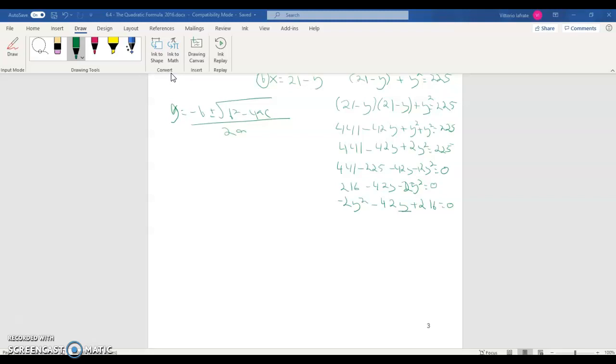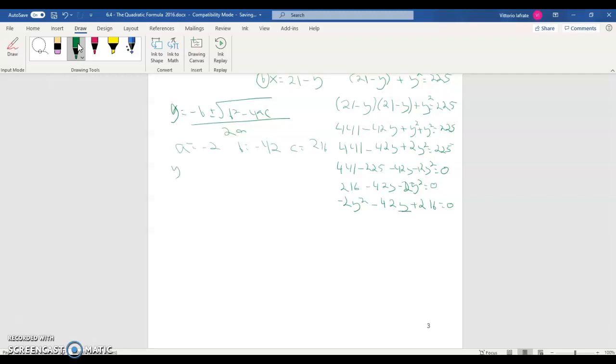Don't forget to find first your a, b, and c. So in this case our a is -2, our b is -42, and our c is 216. We can go and plug that into our equation there.